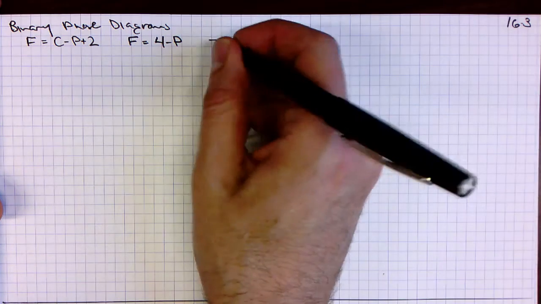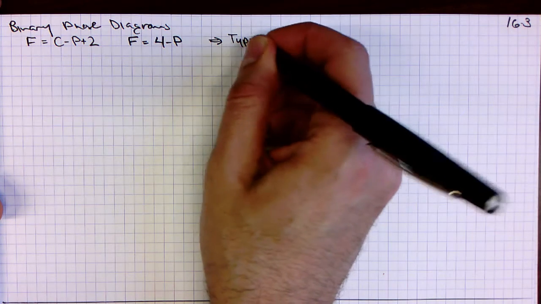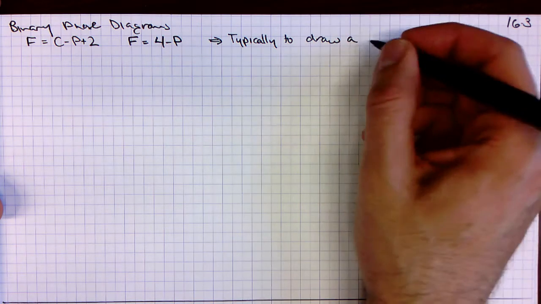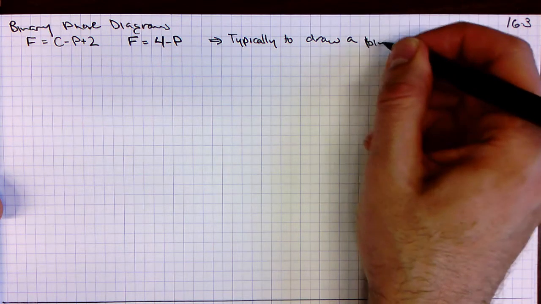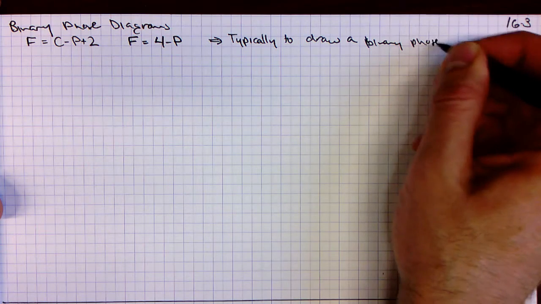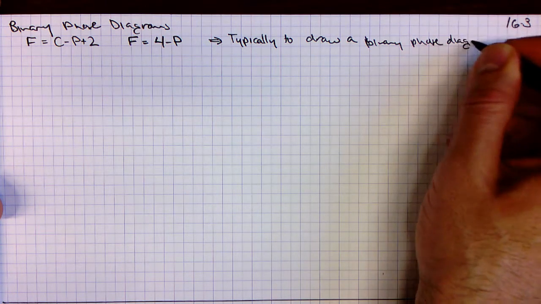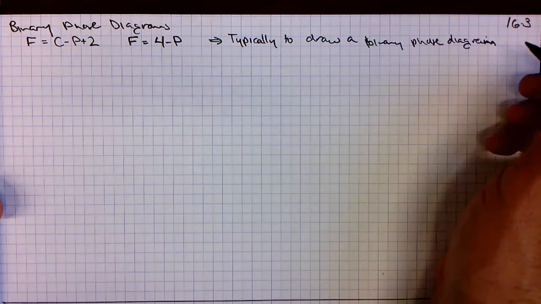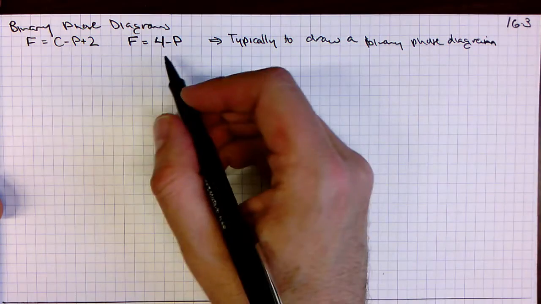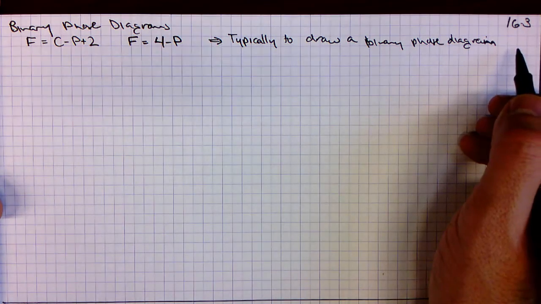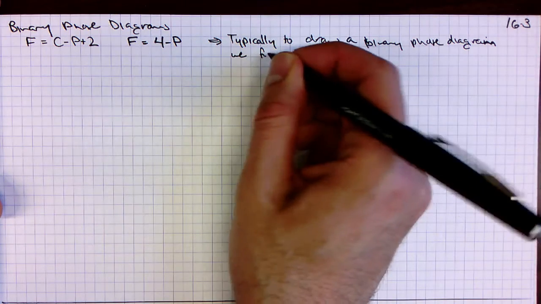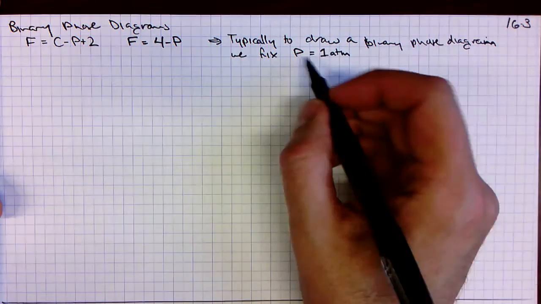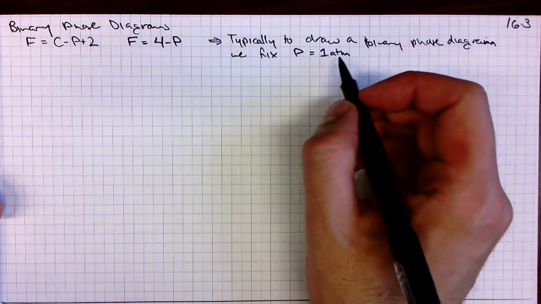So typically, to draw a binary phase diagram, and typically we want to draw such a phase diagram on a 2-dimensional piece of paper, so displaying 3 degrees of freedom would be difficult, we fix the pressure. And typically we fix the pressure at 1 atmosphere. So you could make a phase diagram for different pressures.